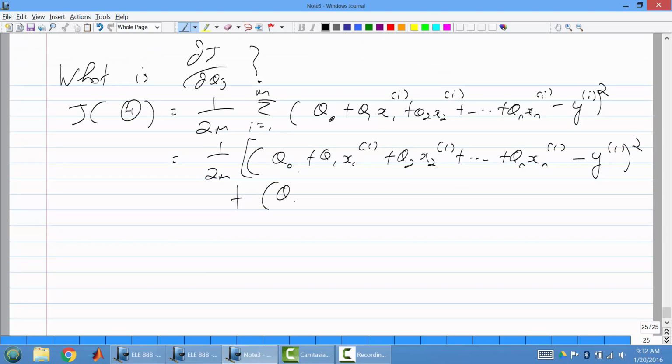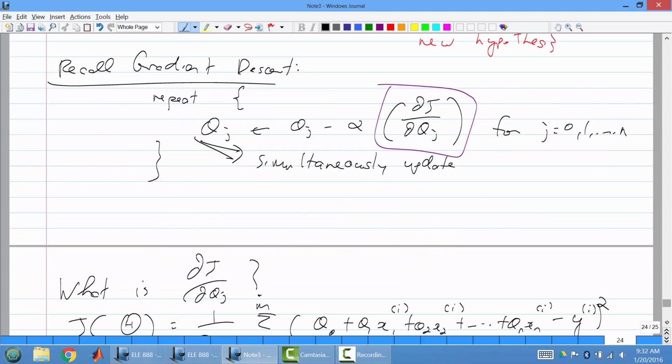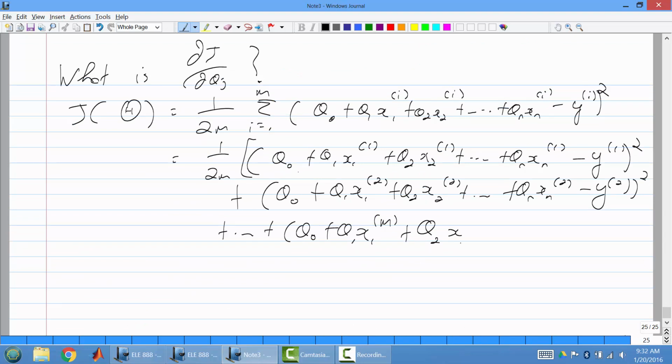So plus theta 0 plus theta 1 x1,2, theta 2 x2,2. Keep going, and then the last one, second example. And then you just keep going until the very end, x1,m, because there are m training examples, right? Theta 2 x2,m, and so on and so forth. Oops, n. I seem to get my subscripts confused. Okay, so that's how it is expanded.